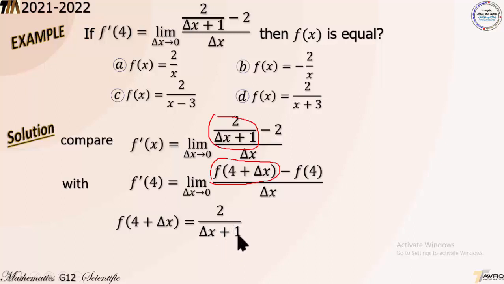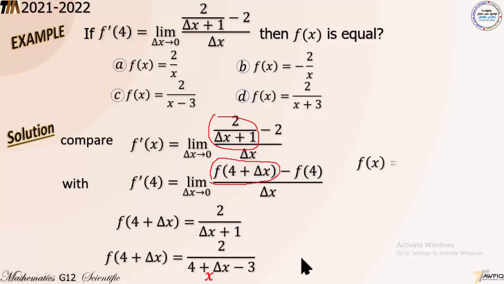To make this one 4, we can write this one with 4 plus delta x minus 3, because 4 minus 3 is 1. And now replace f of 4 plus delta x, which means f of x is equal to 2 over, in place of 4 plus delta x is x minus 3. As you can see here, C is a correct answer.